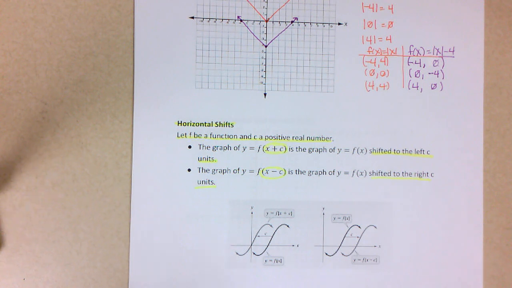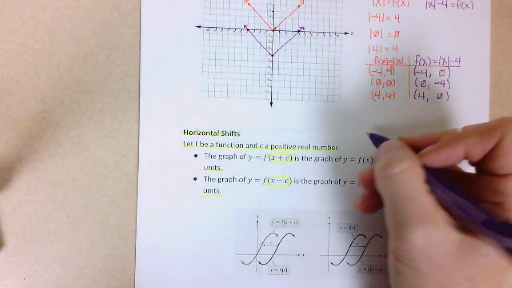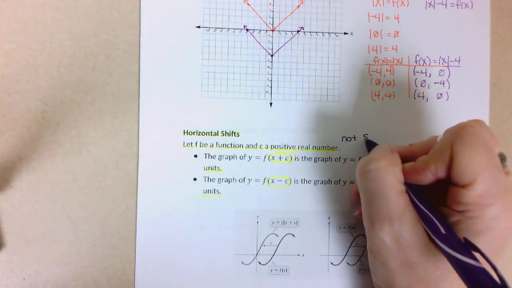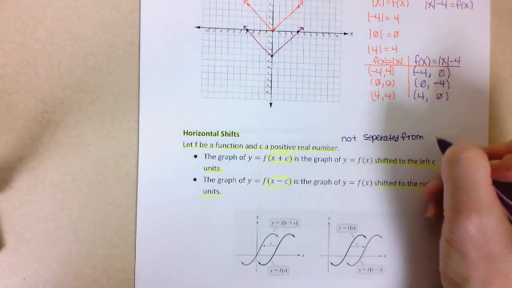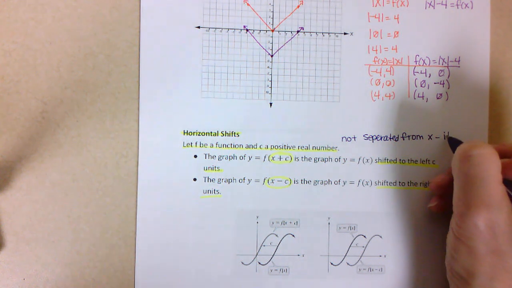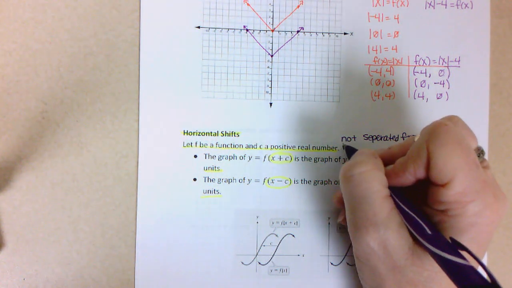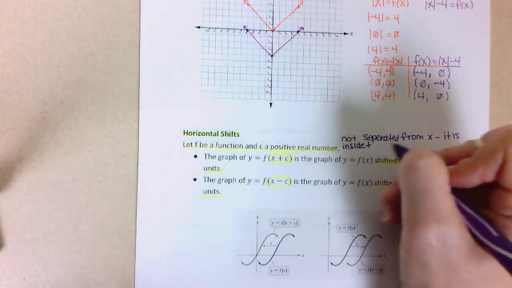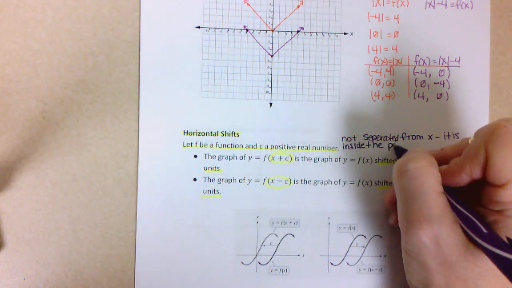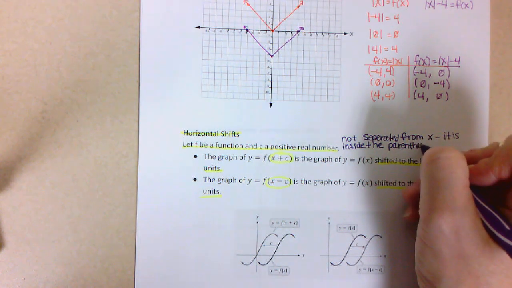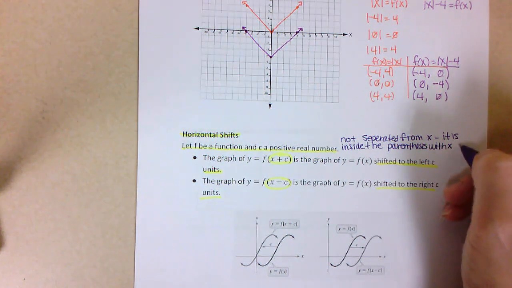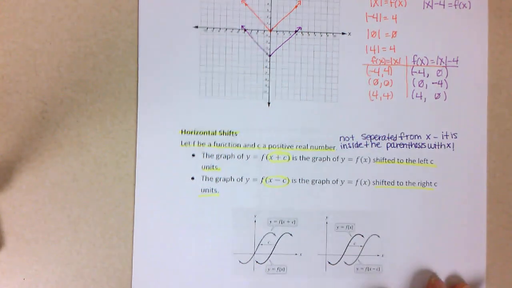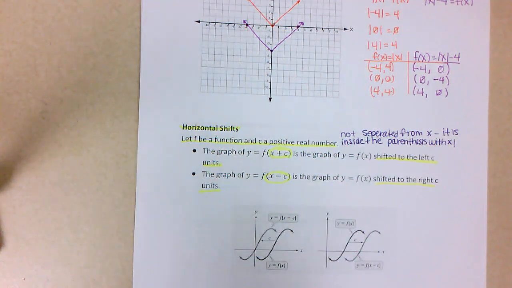Now this goes against everything we would naturally think, right? It's kind of like completely not what we would think. So if it's not separated from x, I mean like it's inside parentheses with x, that means that it's a horizontal shift, okay? And the shift works completely different than you would think.